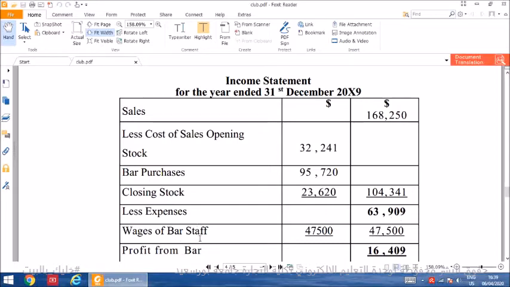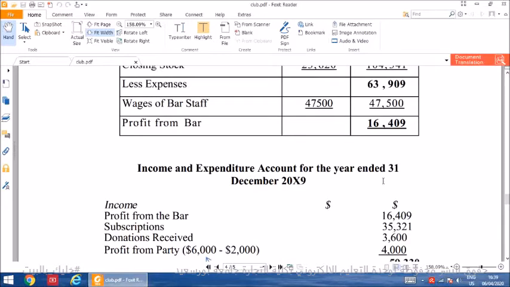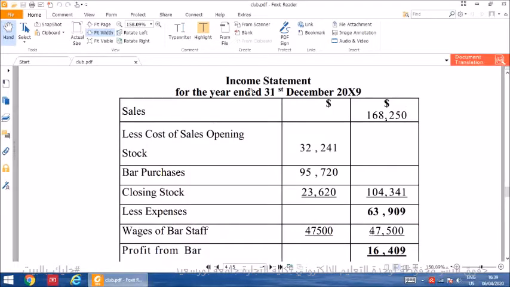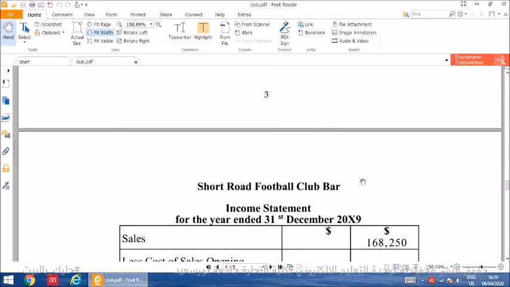Wages of bar staff, related to bar staff, only bar staff, 47,500. So profit from bar 16,409. This is the income statement for a special purpose.